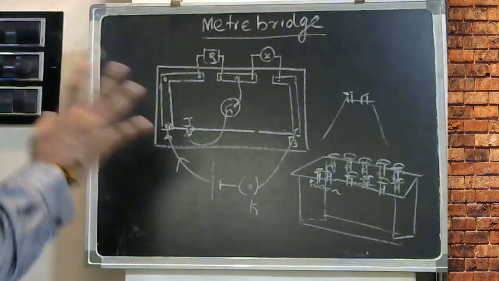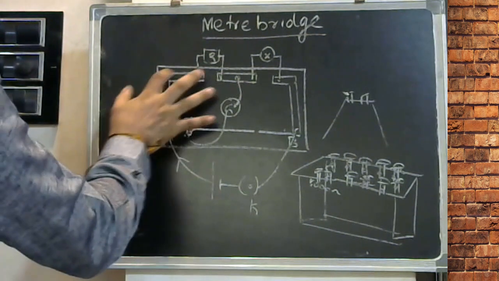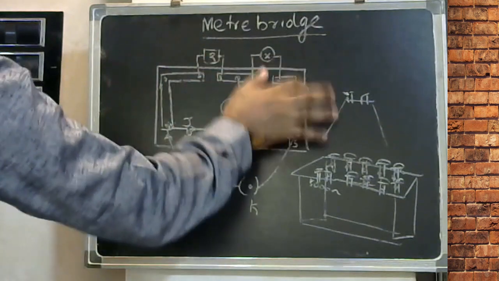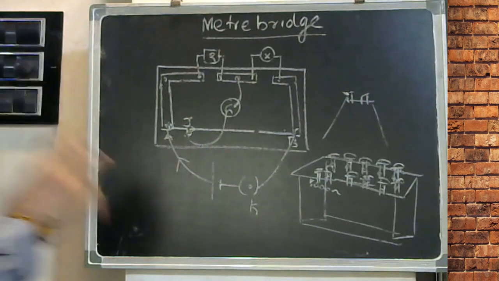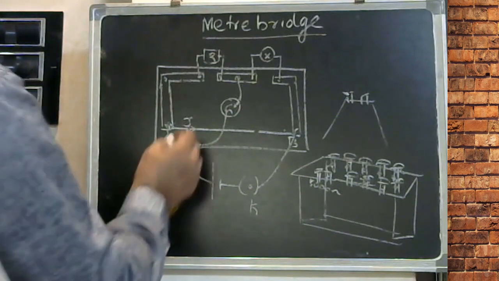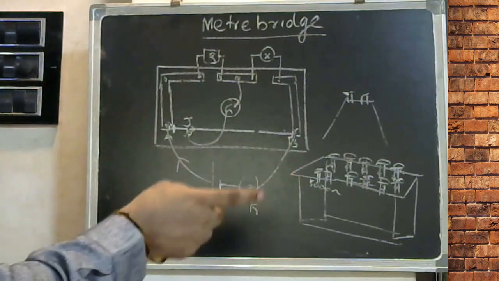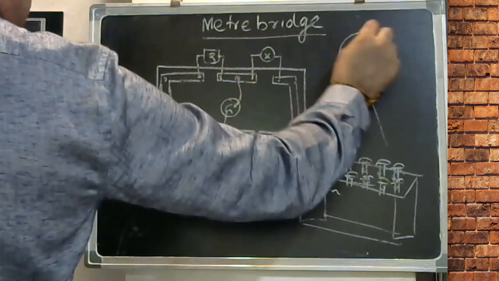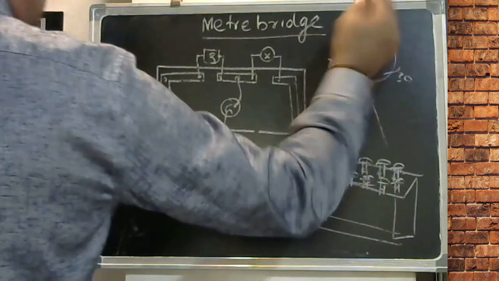So once you do all the connections, the first thing you have to be very careful about is all the screws, every screw everywhere, including the battery. I told you to press everything, all should be tight. Once it's tight, touch the jockey towards this end and this end, extreme edge touch. In a galvanometer, you have a 0 at center and 30 values at the edge, any value depending on the range.